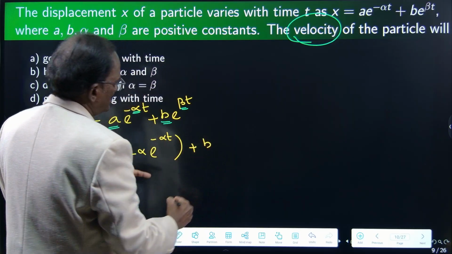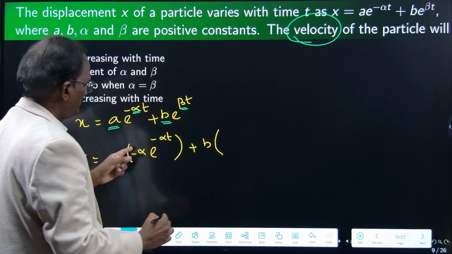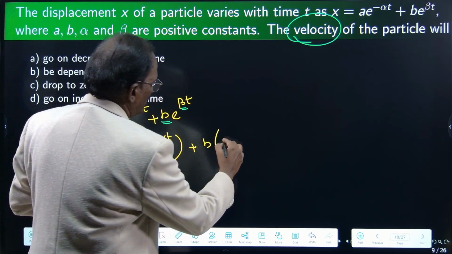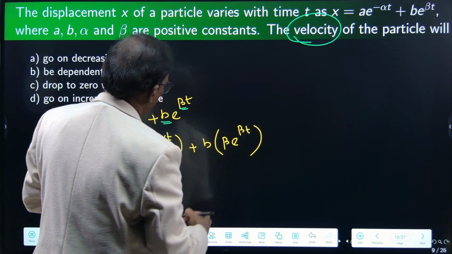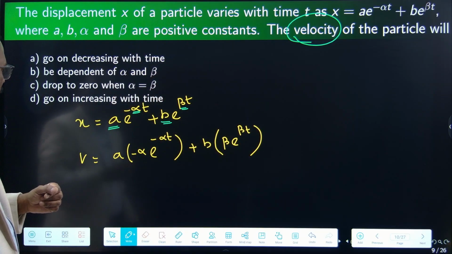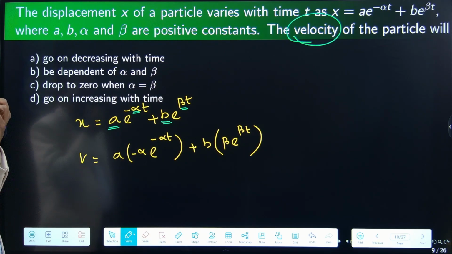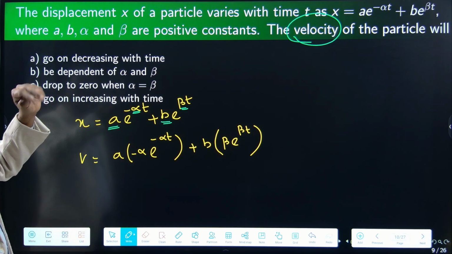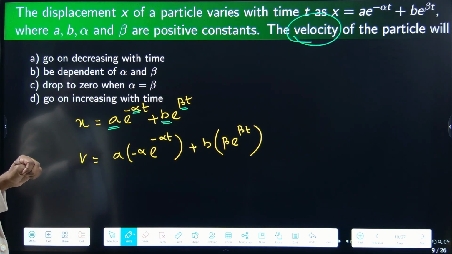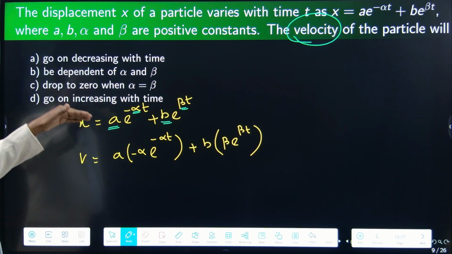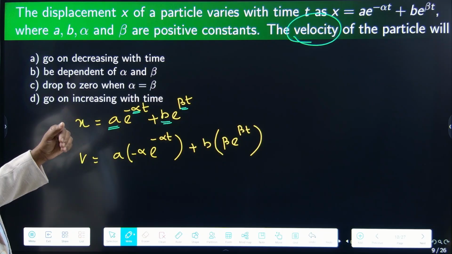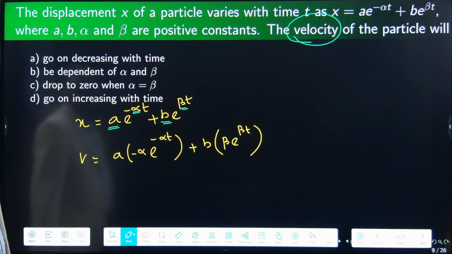Then b is constant. Similarly, here beta will come, e power beta t. So this is velocity. So the velocity equation is found. Go on decreasing with the time, be dependent on alpha and beta, drop to 0 when alpha is equal to beta, go on increasing with the time.